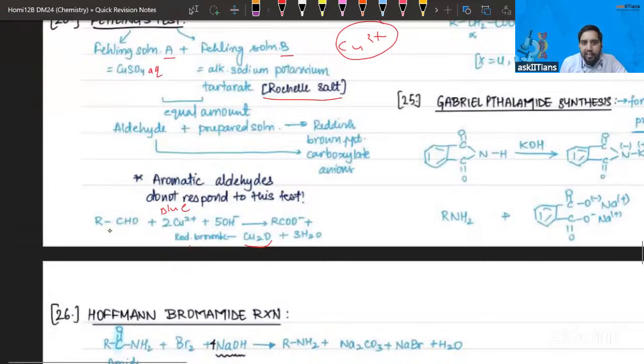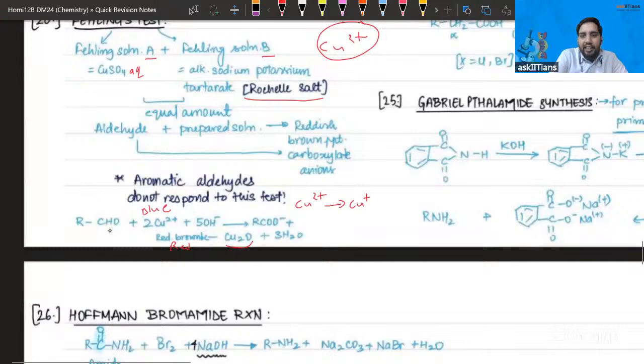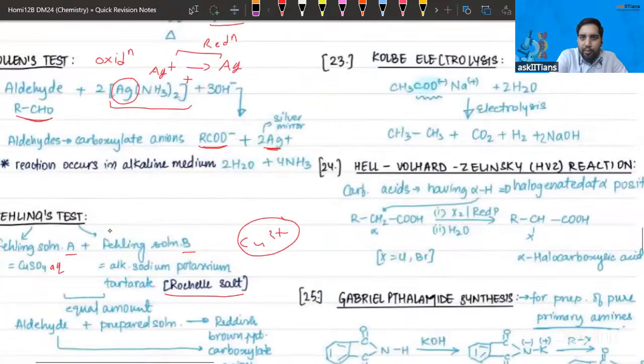So ultimately you should know that copper 2 plus is converting into copper plus, which is again a reduction reaction. So Fehling reagent also acts as an oxidizing agent. More reactions from aldehyde and ketone.